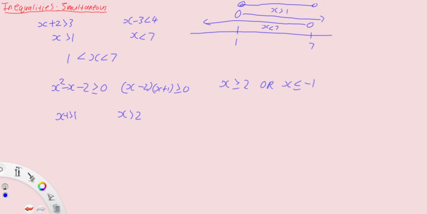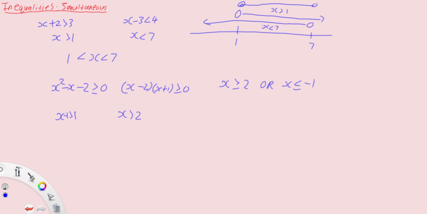You don't have to consider all three inequalities, you just need to see which ones overlap. For the first inequality, you have x greater than or equal to 2 and x less than or equal to minus 1. Which of these will overlap with the remaining inequality?